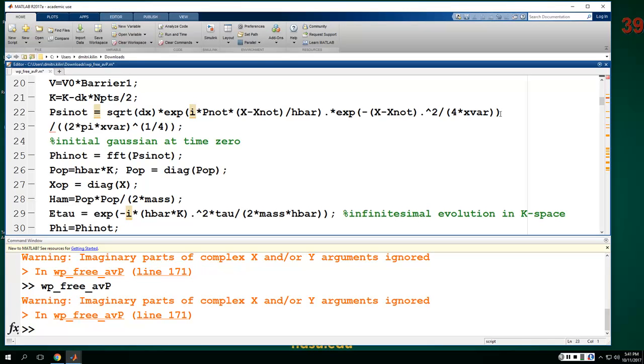So the whole thing is multiplied by exponential of i p naught times x minus x naught. Close the bracket. Do you see it? Do you see it here? So how do we interpret it?